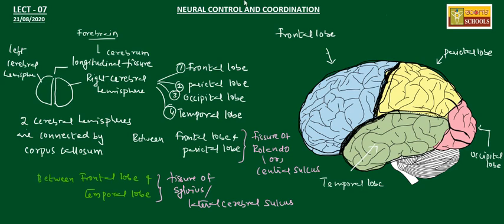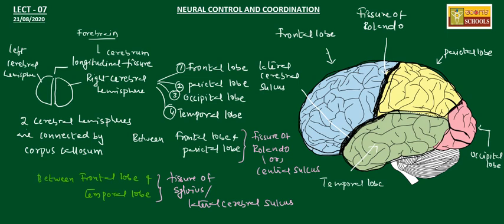So this is the fissure of Rolando, and this one is the lateral cerebral sulcus. And again, we have one between the parietal and occipital lobe.